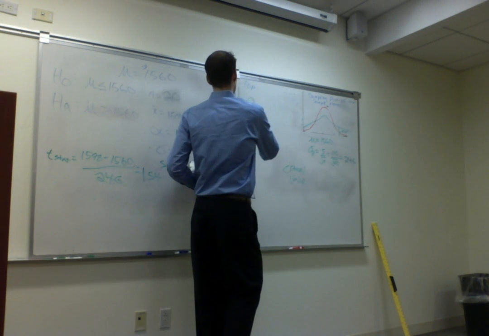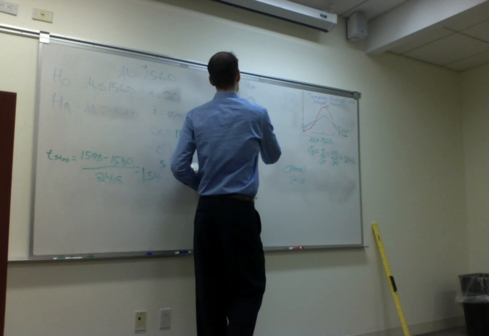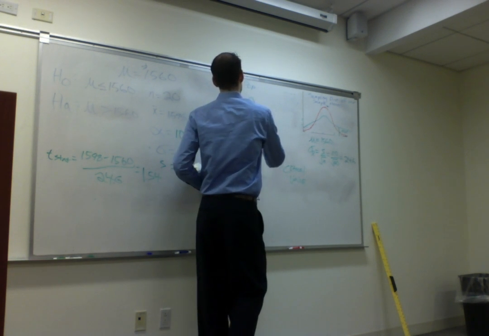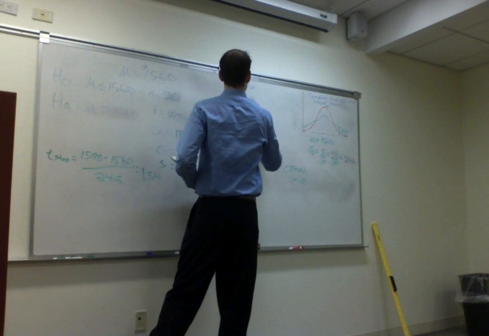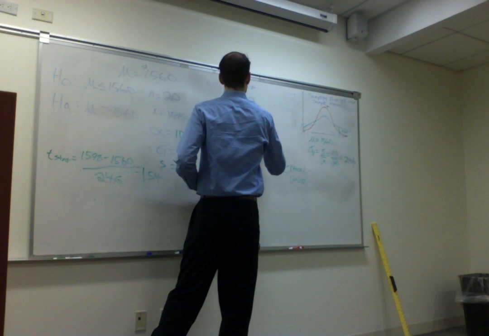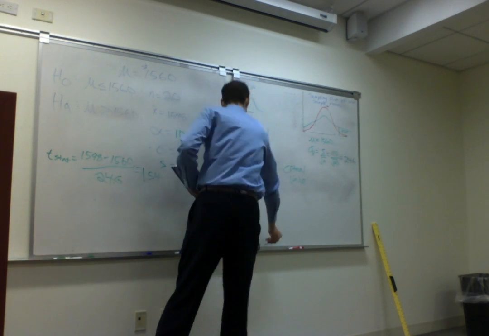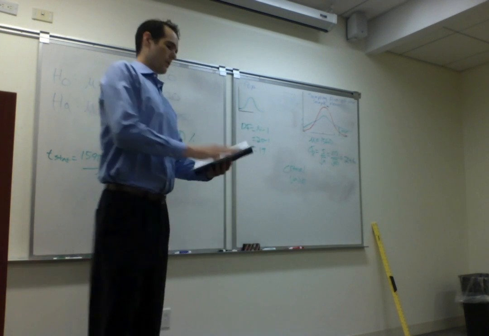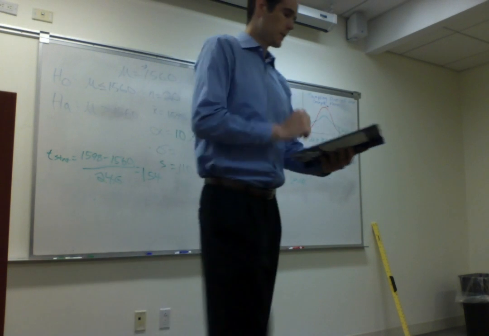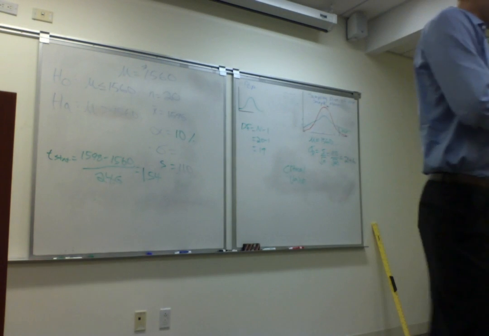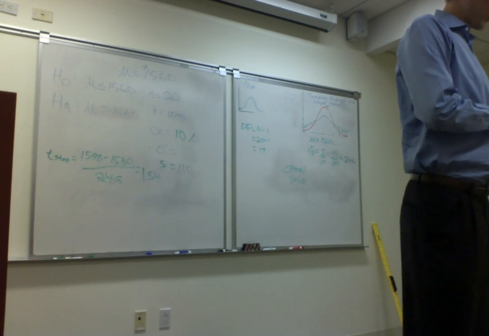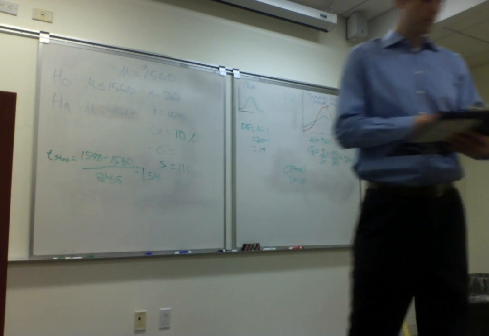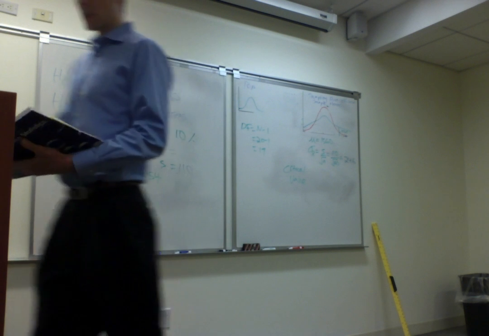So degrees of freedom, df equals n minus 1, equals sample size of 20, 20 minus 1 equals 19. So now we're cracking open our T distribution. We're looking under 19 degrees of freedom, and we want area in the right tail of 10%.